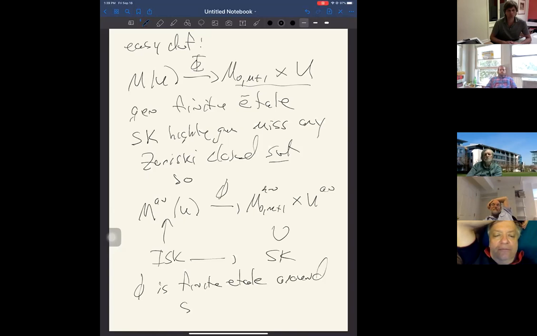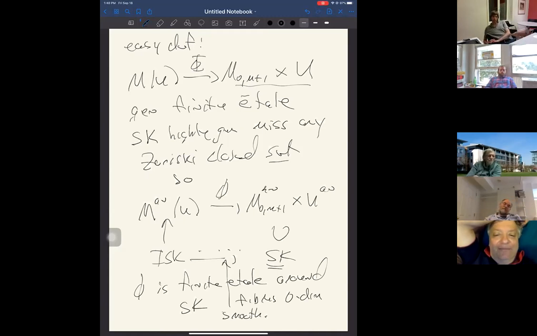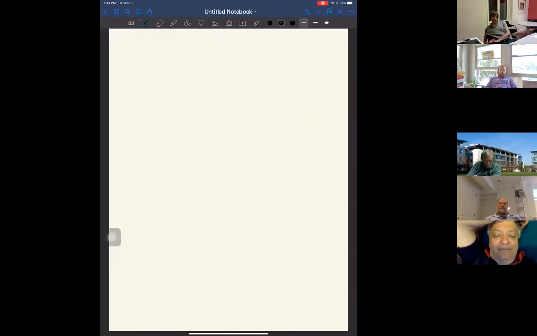There'll be some neighborhood of the skeleton where this map is a finite cover. That means the fibers here are really just smooth and zero-dimensional. They're just a discrete set. Once you extend the base field, they're just a set, a discrete set. So I can count them naively.